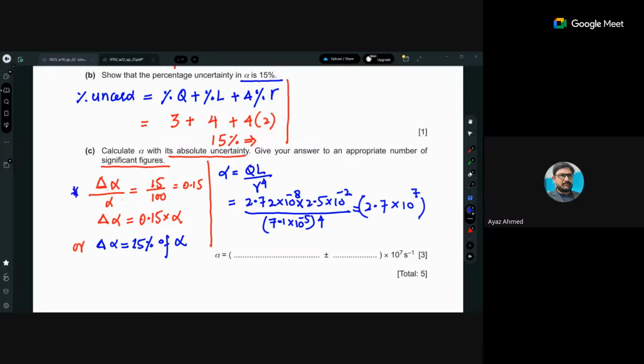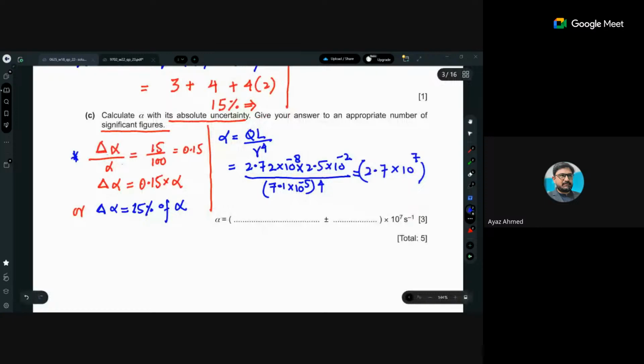Sorry for the inconvenience, I don't have some space over here, I have written in very big font. So delta alpha is equal to 0.15 times 2.7 exponent 7. You will get almost 0.43 into 10 raised power 7. That is your delta alpha.